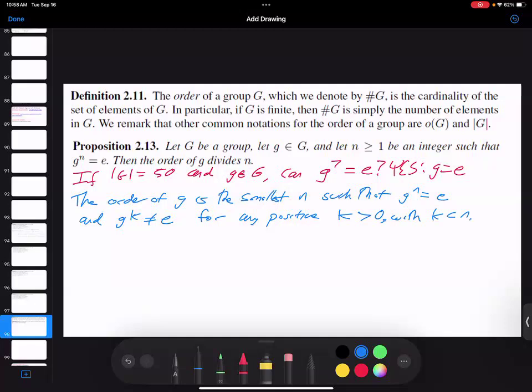So it's the first time we raise G to a power and we get the identity.